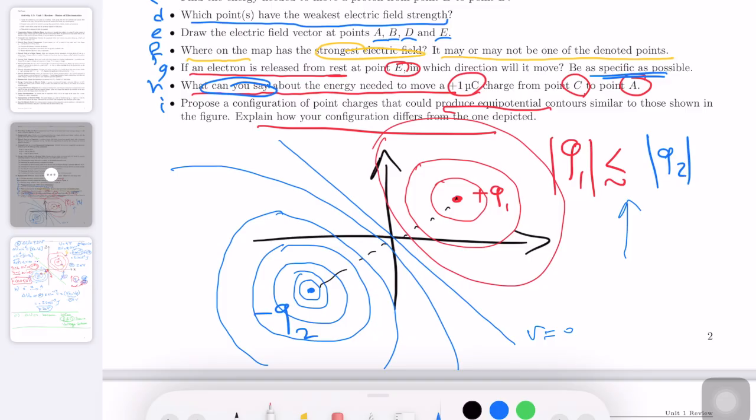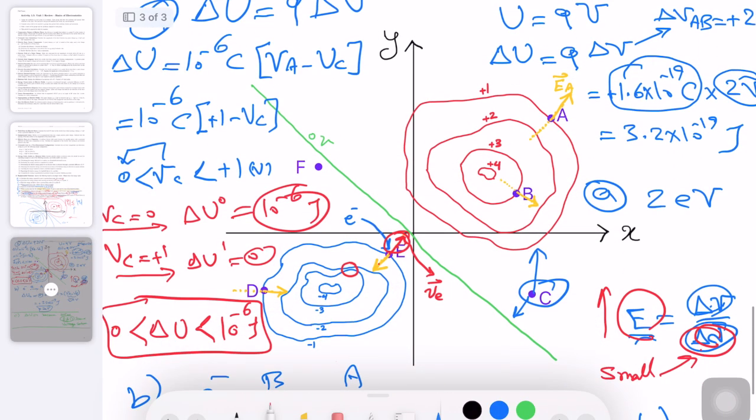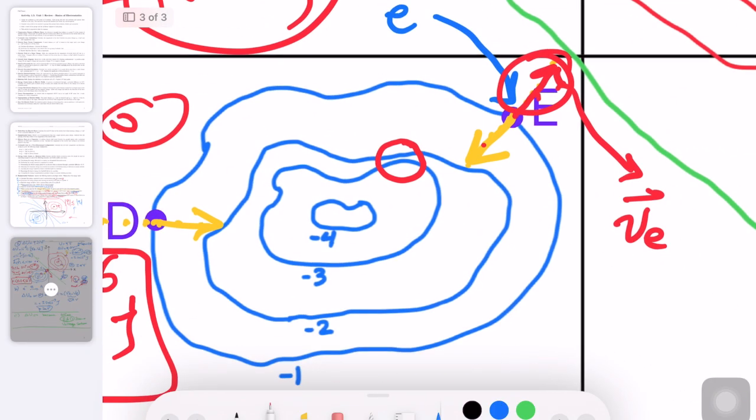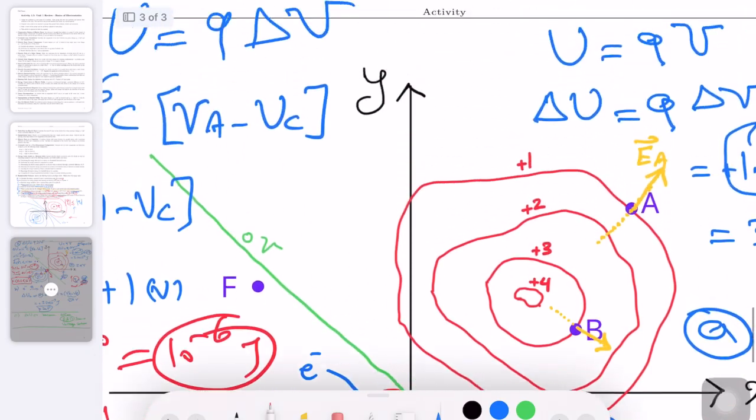Now, the question is asking, how does this differ from what we see here? The main thing is that the contours we have are pretty irregular, and you can see an irregularity here. The shapes are not circular.